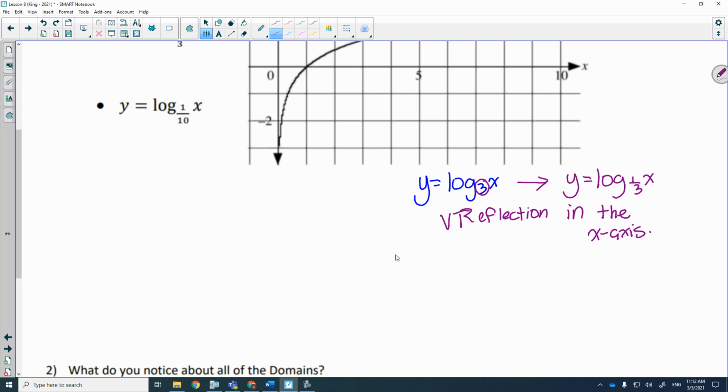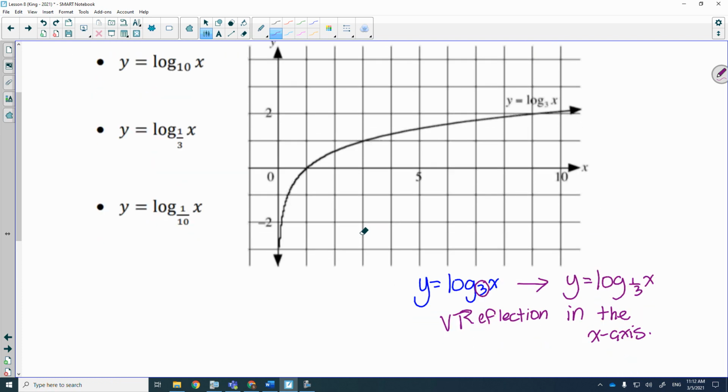We know that this original graph, remember, 2, 1 was a nice point, and this was a nice point. Here's how you're going to do it really quickly. This point, if this is my mirror line, instead of going up 1, it's going to go down 1. So on my new graph, it goes down to here.